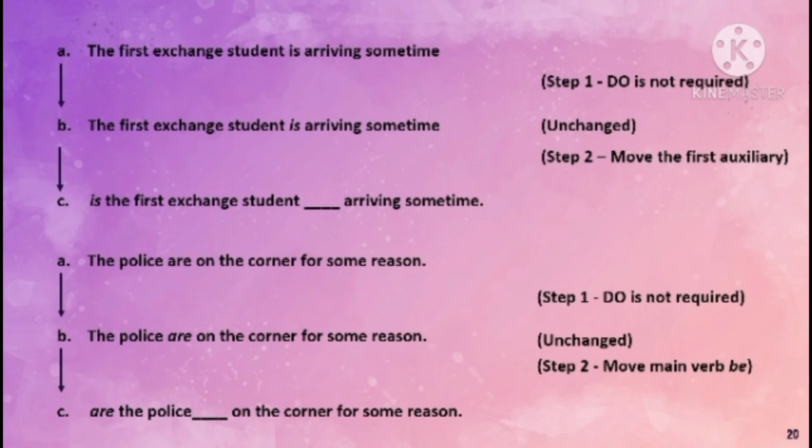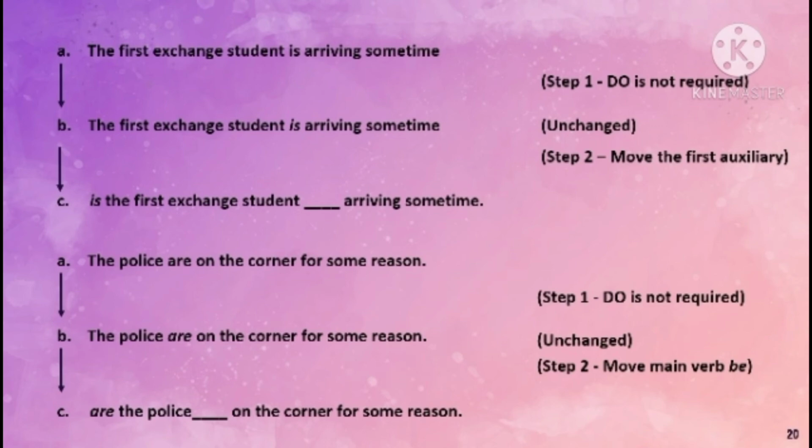The third example that we have is the declarative sentence: the first exchange student is arriving sometime. In this case, the third sentence doesn't also require the word do because, same with the previous reasons, it has an auxiliary, which is the word is.